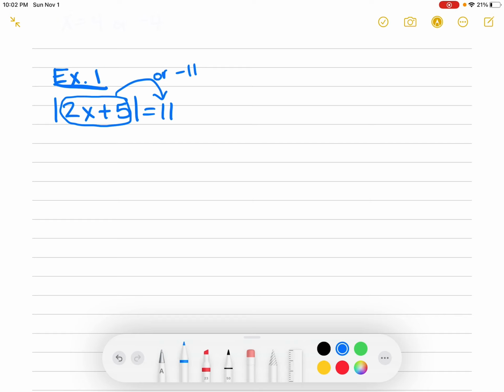So how I'm going to solve that is I'm going to have to solve two different equations. I'm going to have to do 2x plus 5 equals 11, and I'm also going to have to do 2x plus 5 equals -11. So most of these are going to have two answers, because inside the absolute value sign, I could have an 11 or I could have a -11. So I want to make that equal to 11 and -11.